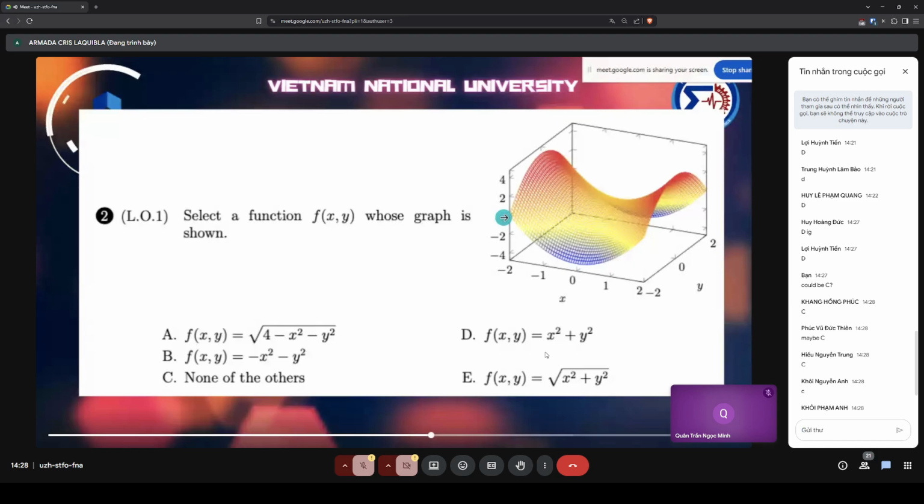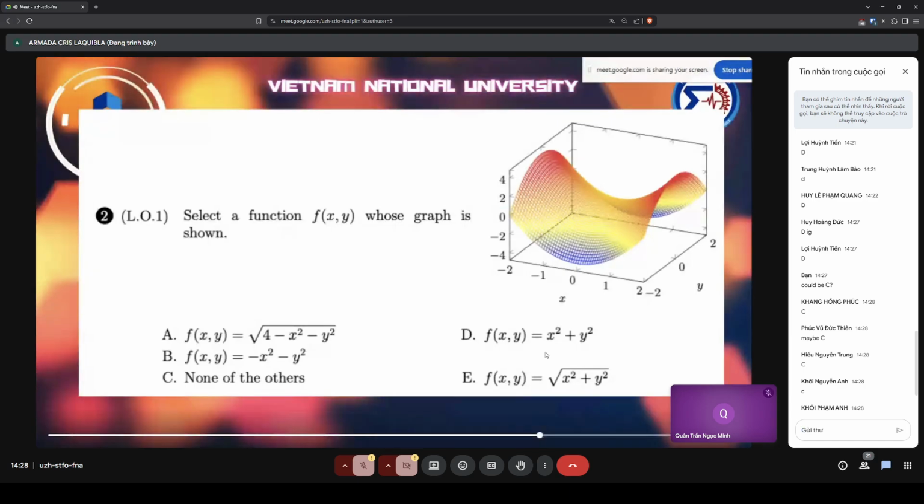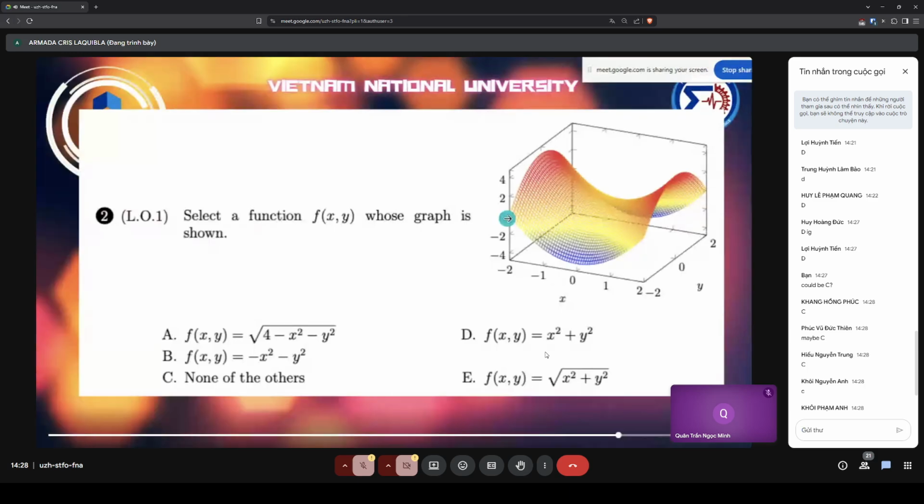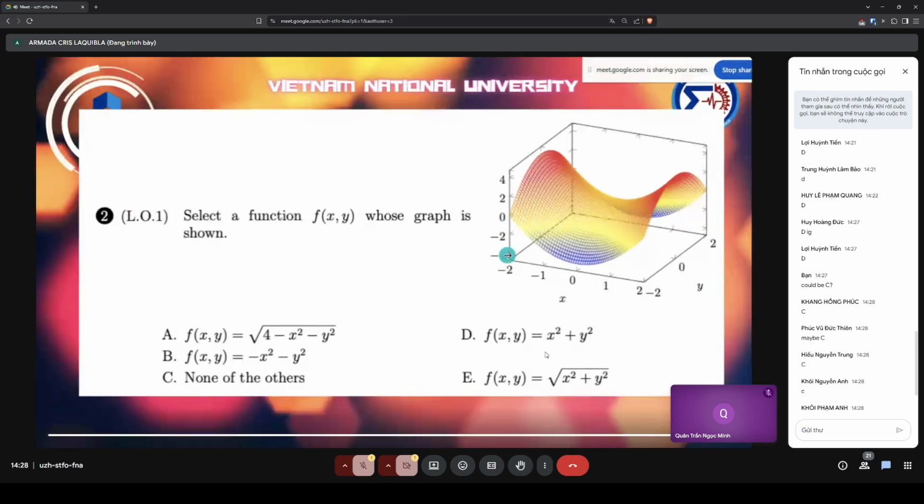Your x here, straight here, is -2. And for your y, the 0 here is straight in the -2 of your y. So your point there now is (-2, -2, 0).